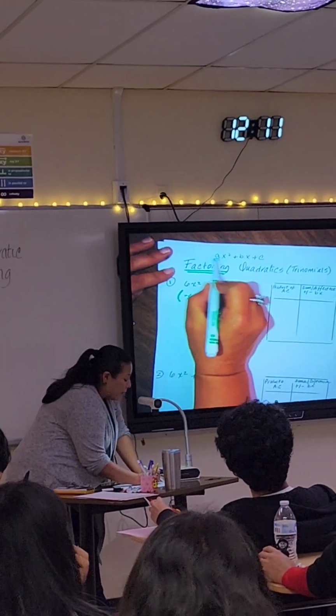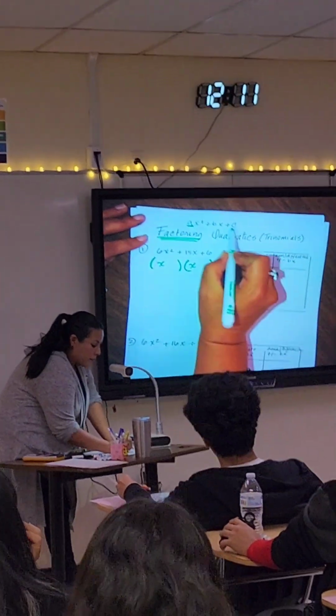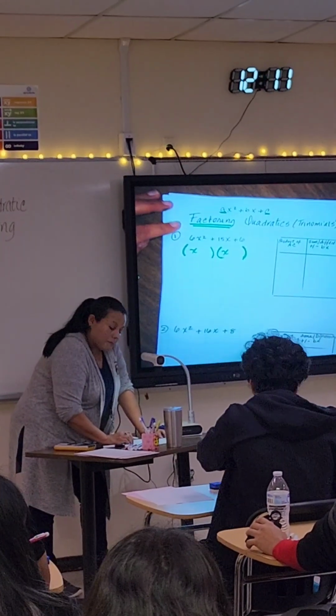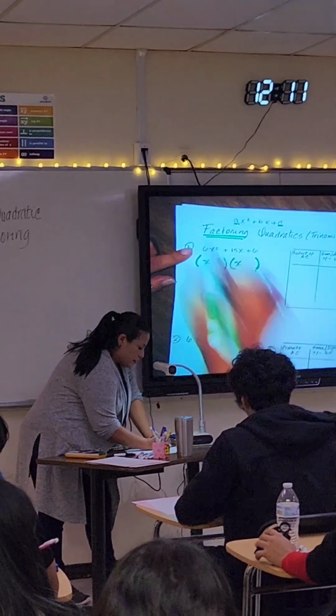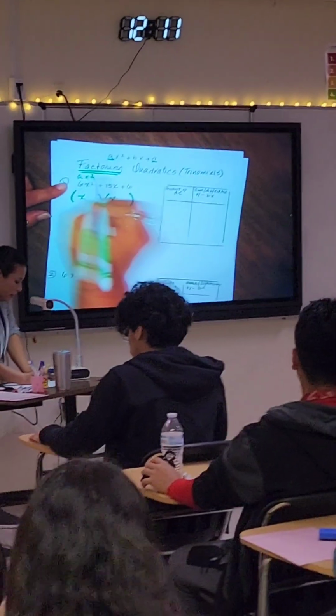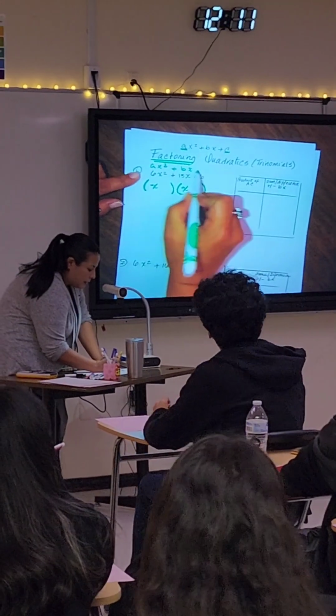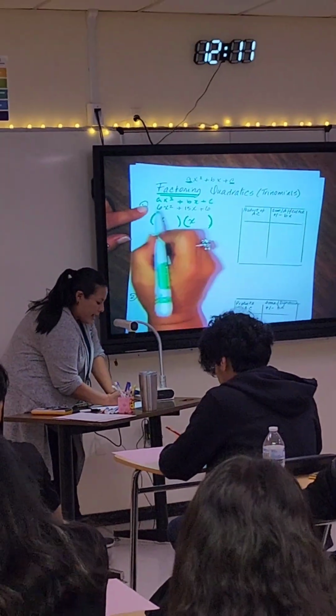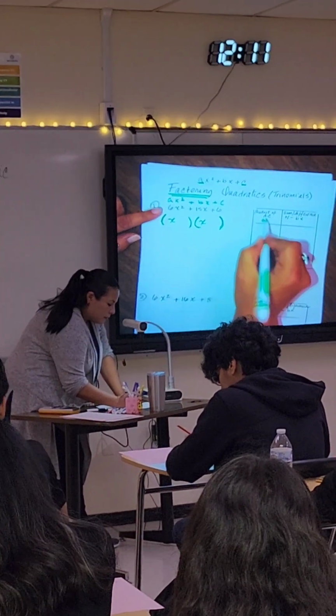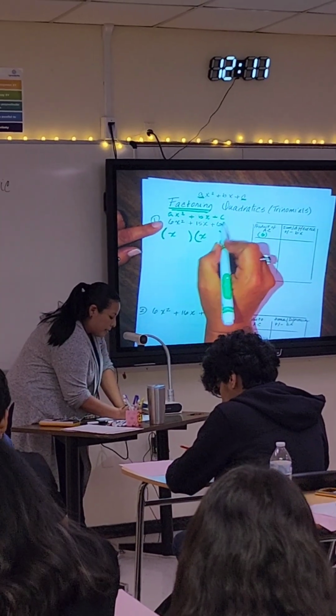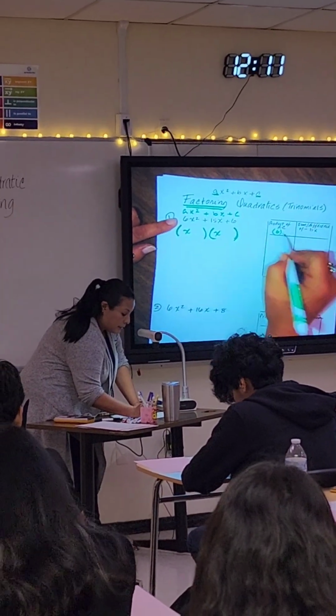We're talking about the number on the very front and the number on the very back. So on my equation right here, this would be ax squared plus bx plus c. That means that my a is a 6, and I'm gonna multiply by my c, which is also a 6.